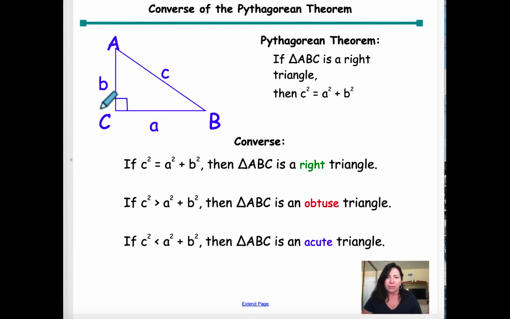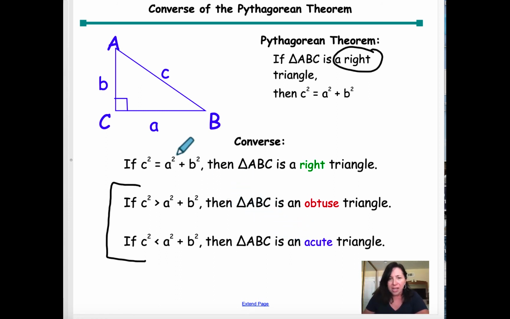If a squared plus b squared equals c squared, it's a right triangle, period. What you need to understand is that not all triangles are right, first of all, and some of them are acute and some of them are obtuse.